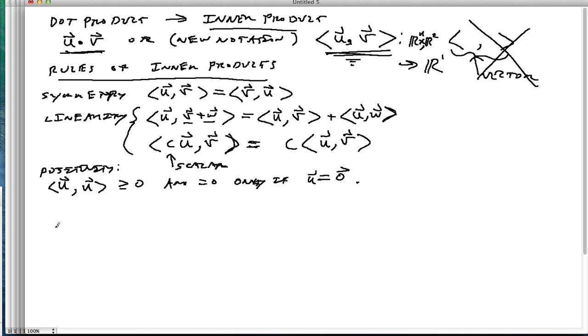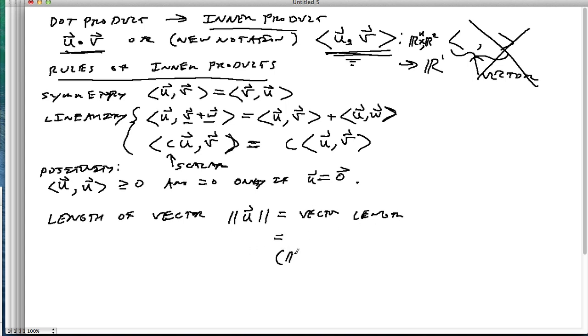The other thing that's important here is this notion of the length of a vector. I usually put it in double absolute value symbols, and this represents vector length. For vectors in Rn, we know that this is the square root of a1 squared plus a2 squared plus a3 squared, all the way to an squared.